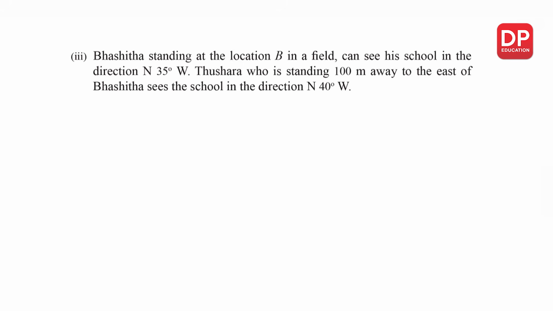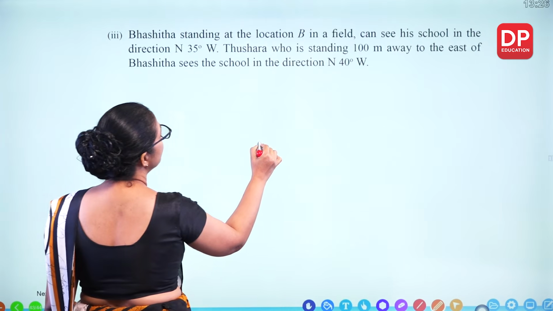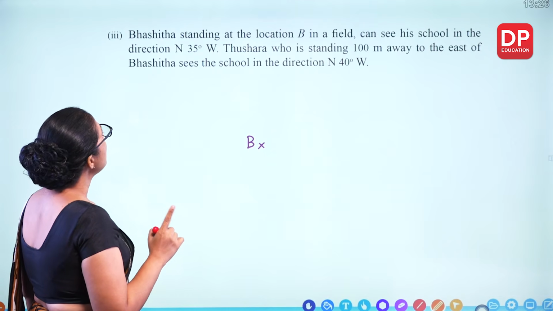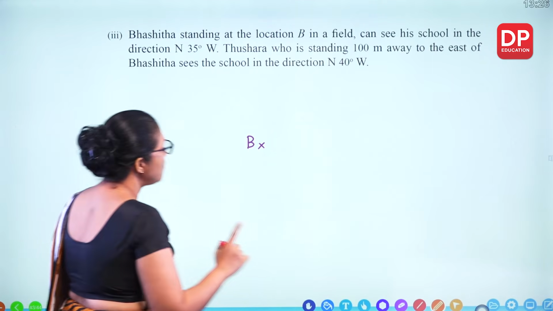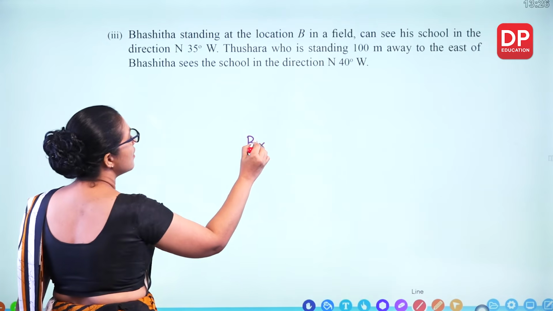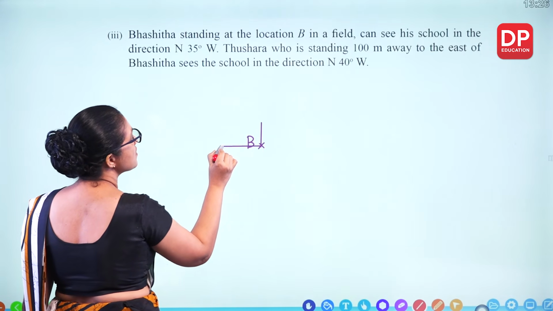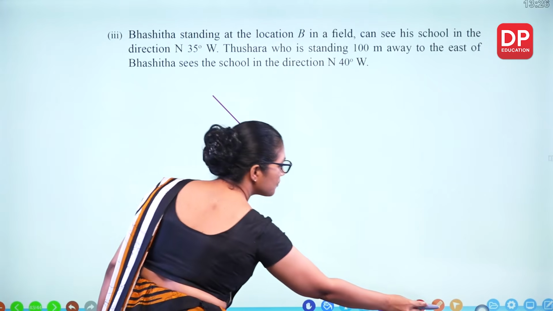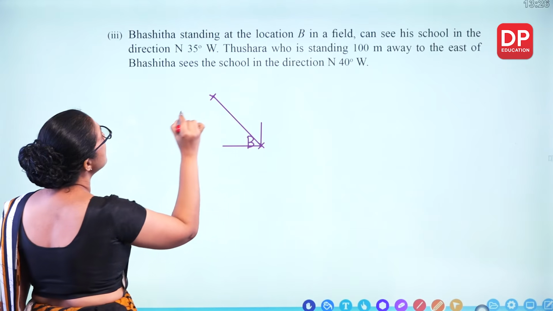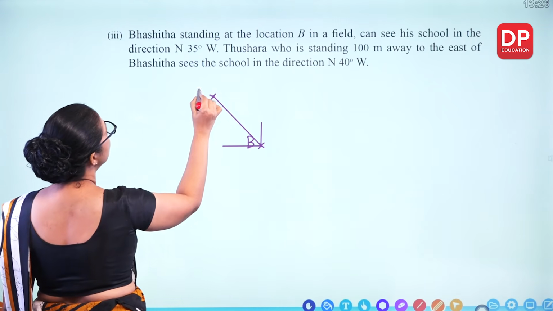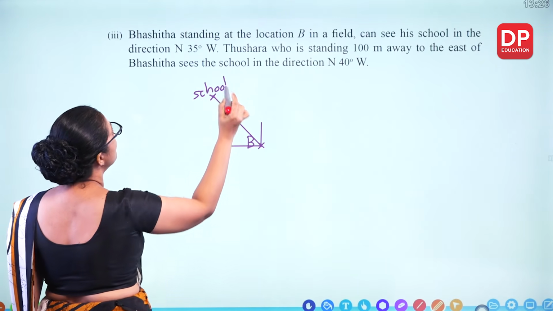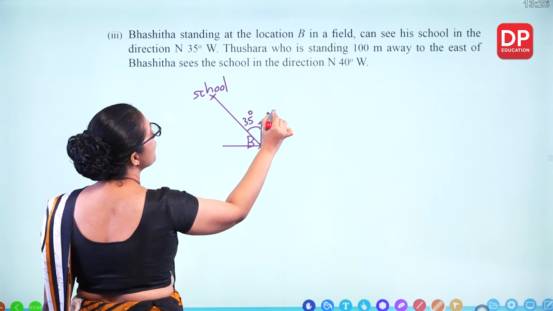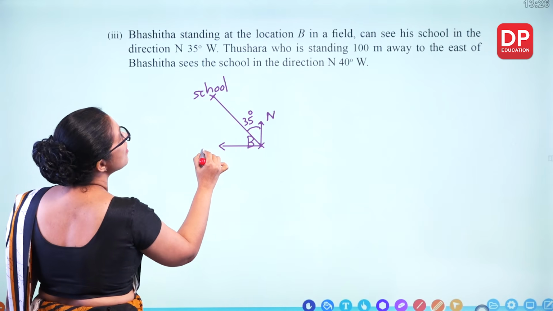Bashita standing at the location B in a field can see his school in the direction north 35 degrees west. North, and this is west. So what's the direction? 35 degrees. So this is the school. 35 degrees from north. This is towards west.